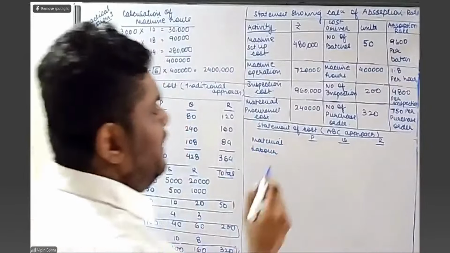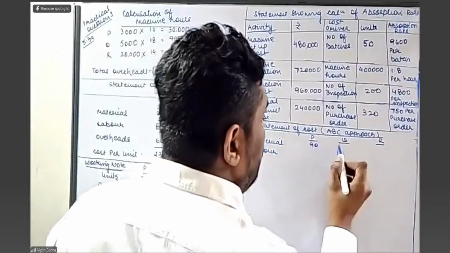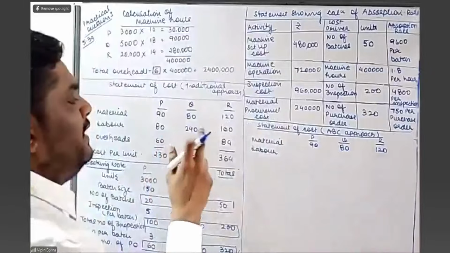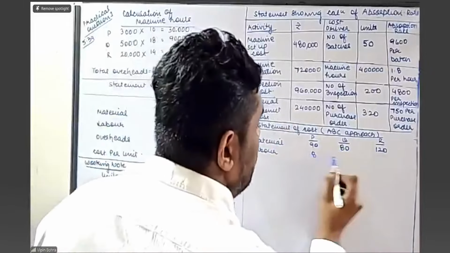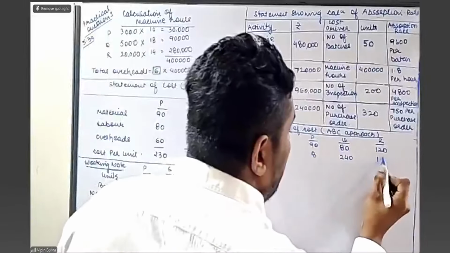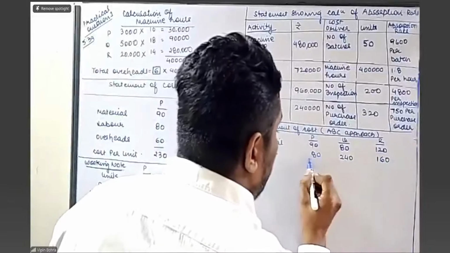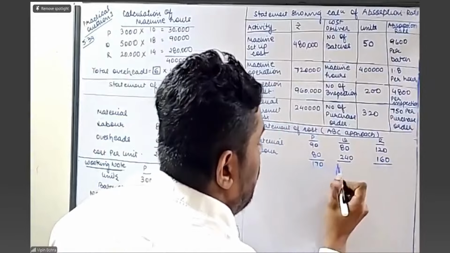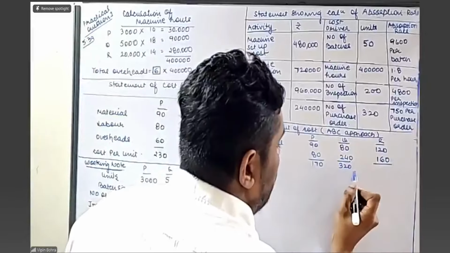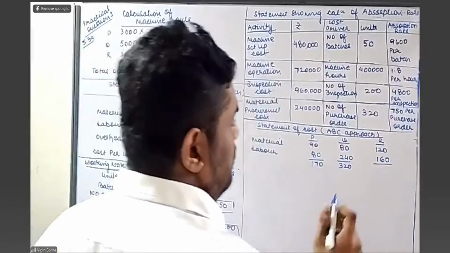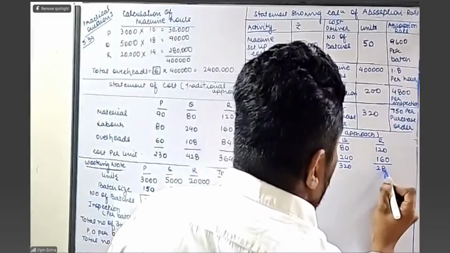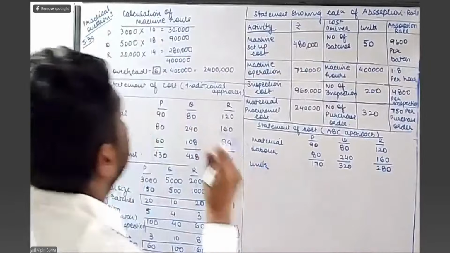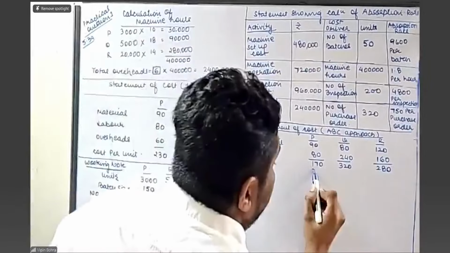So 90, 80, and 120. 80, 240, and 160. We have the number of units with us, that is 3,000, 5,000 and 20,000.